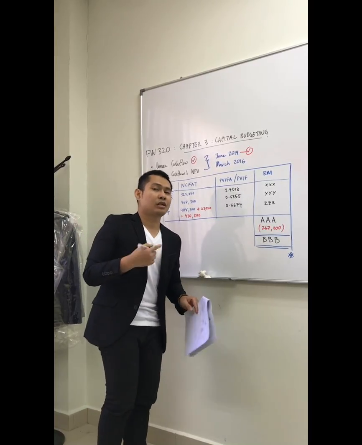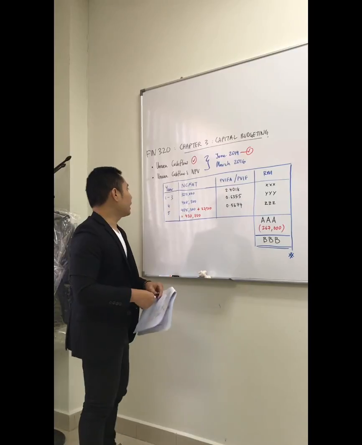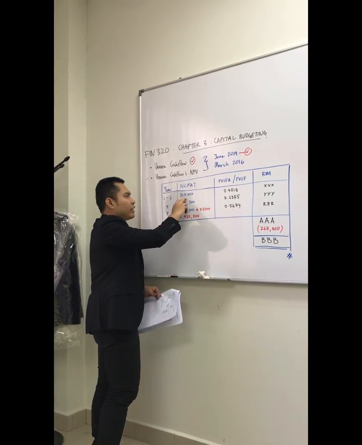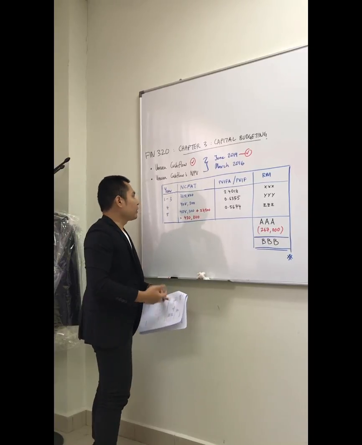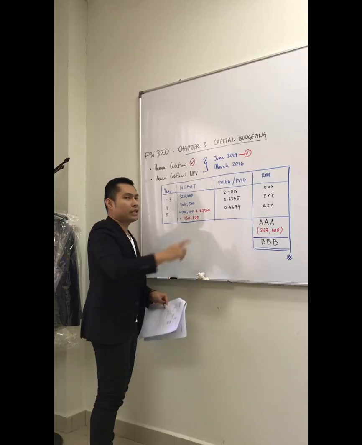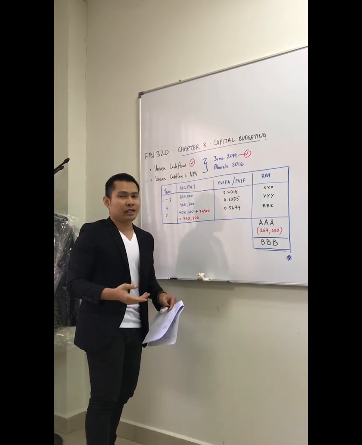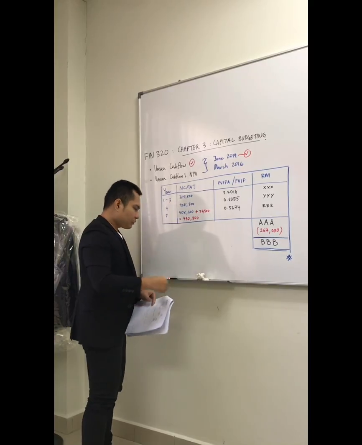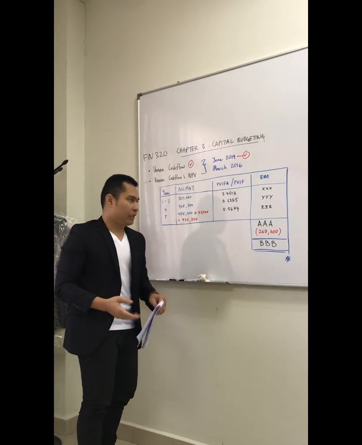If you calculate it correctly, you will get year 1 to year 3 cash flow of 325,800, and for year 4 and year 5, you will have 408,300. So how to calculate an NPV?